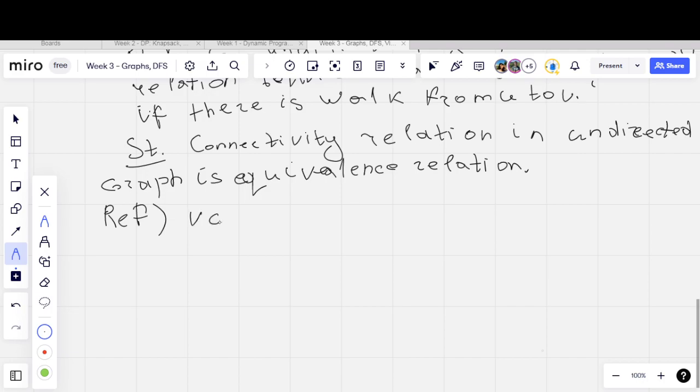We have v in our graph. What will be the path from v to v? It will be just a walk, not a path. The walk will be just v. So reflexivity is obvious. Symmetry: u, v.